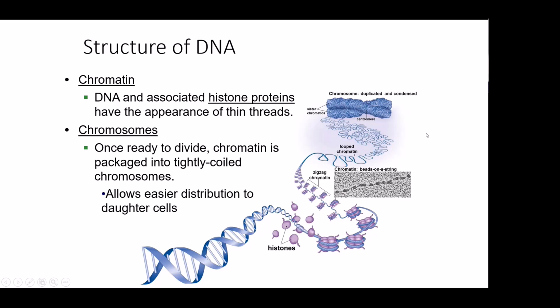That's just not going to happen. So during normal growth of a cell, the genetic material is very loose in that chromatin, and as a result, it will be a lot more easily utilized, as we will talk about with the different components of DNA.